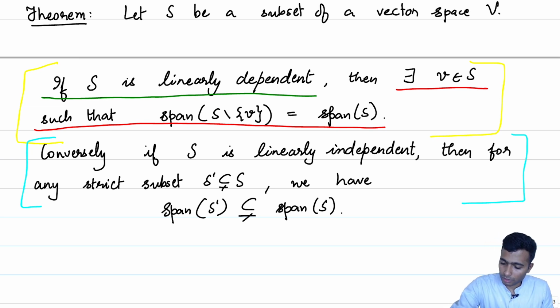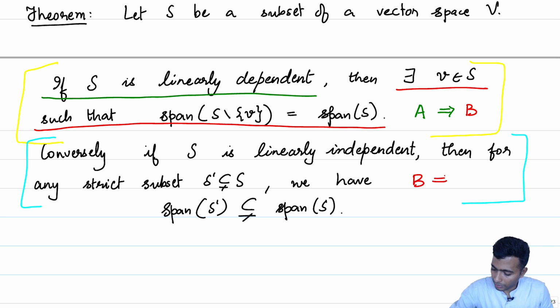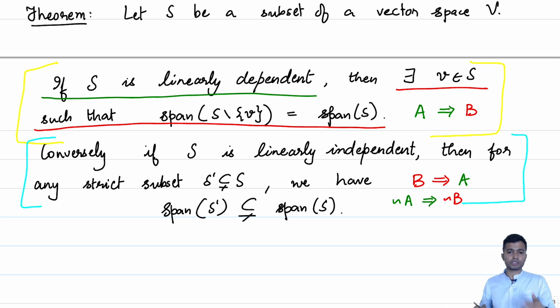But if the thing underlined in green is A, and the statement says A implies B, the red one, the converse should have been B implies A. But this is the same as the negation of A implies the negation of B. The negation of A tells us that S is not linearly dependent, that is, S is linearly independent, and that should imply the negation of B. That means there does not exist any vector v such that if you throw it out, the span remains intact, or in other words, any strict subset will have a span that is a strict subset.